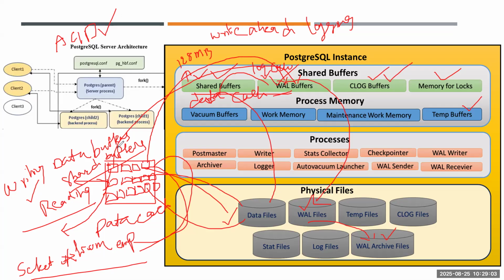Implicit and explicit, yes, good, Hari. Implicit transaction, explicit transaction: like an auto commit, automatic commit, and where you perform the commit yourself. There are two types of transaction: implicit and explicit.